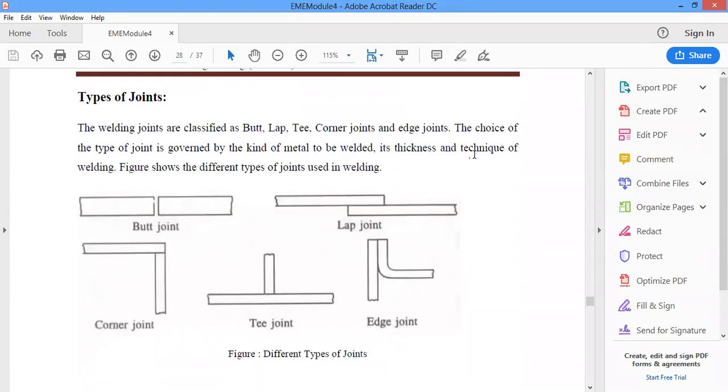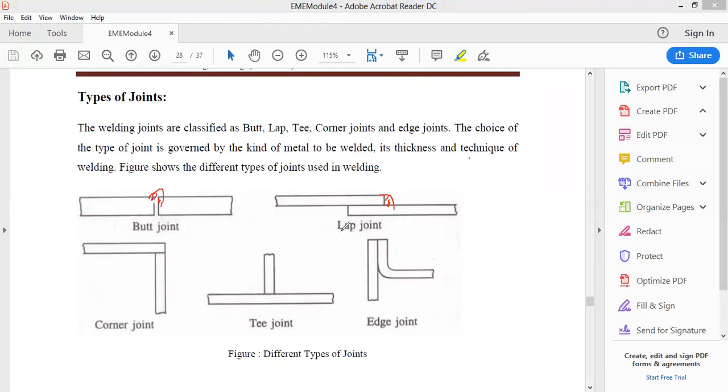So yes, types of joints we can have: butt joint, where we join these two metals one beside the other, and the other one is where we join one metal over the other metal. So welding will be done over here, and here the welding will be done in this gap, right?